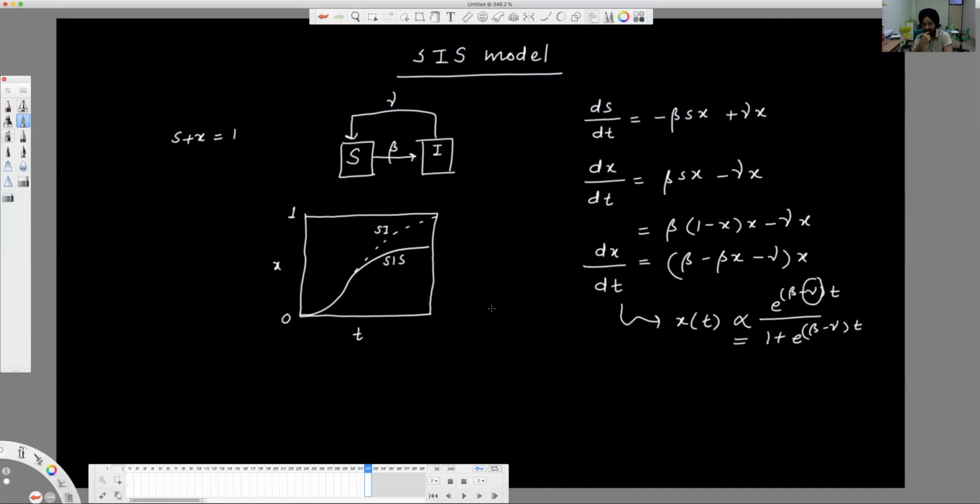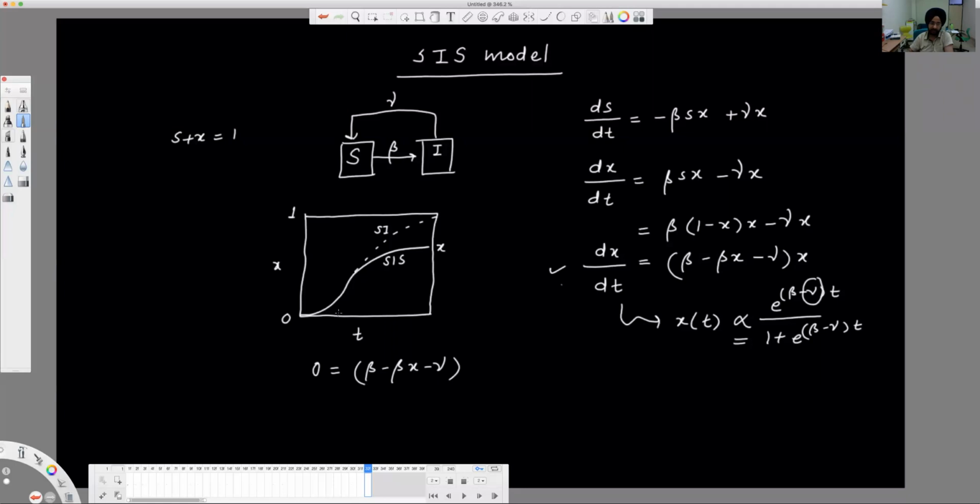Now you can find this size also, this epidemic size X at saturation, from this equation, right? So you can find what is the epidemic level, what is the epidemic size. So again, at the saturation, you have dX/dt equal to 0, and then you have beta minus beta X minus gamma, right?